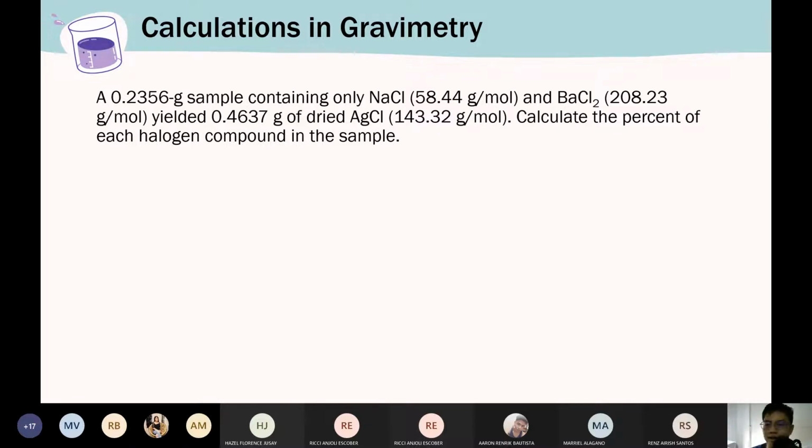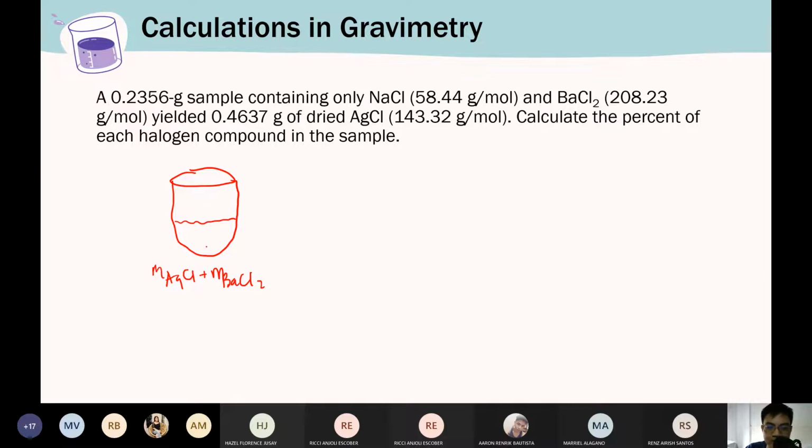So what happened? Basically, you have a beaker, and in that beaker, the sodium chloride and barium chloride are mixed together. What are their masses? I don't know. That's what we will solve.